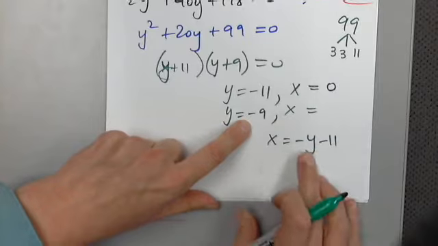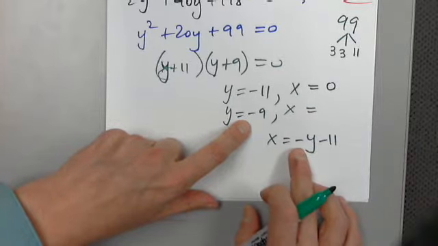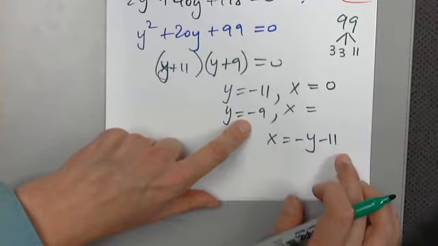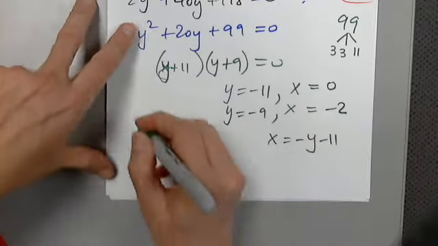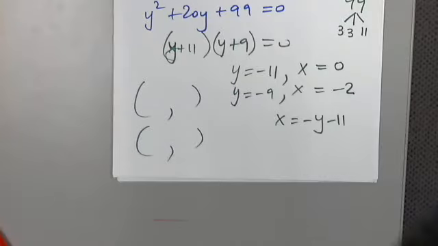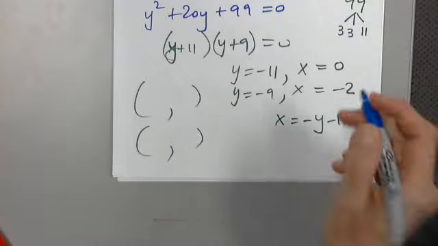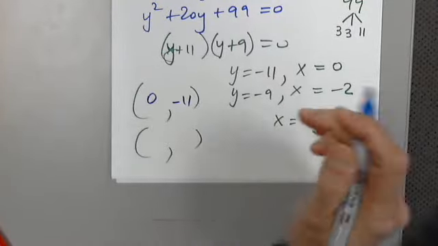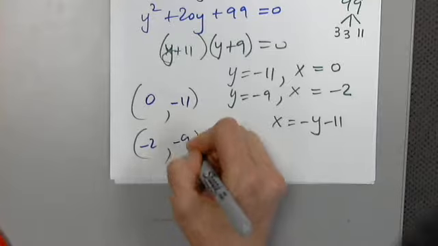Now I plug in negative 9 with minus in front. So 9 minus 11. So this system appears to have, I could have made so many errors, but it appears to have two solutions. 0, negative 2, very good.